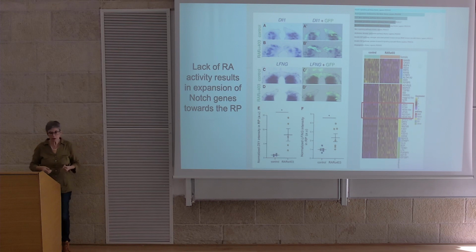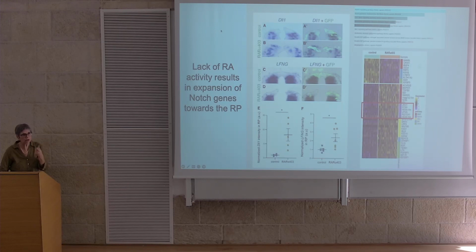Let's go back to our story. When we eliminate retinoic acid signaling, what do we see? We see that the pathway that is upregulated, that is enriched, really is Notch. Okay, and we see it here, you can see here, all the Notch ligands, Jagged, Lunatic fringe, Delta, and so on, are enriched in our transcriptome.